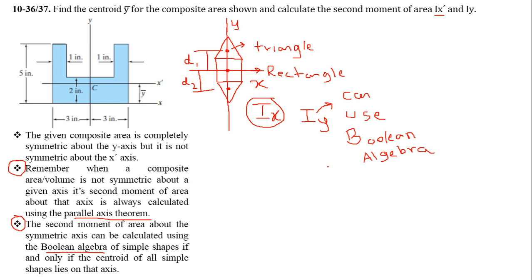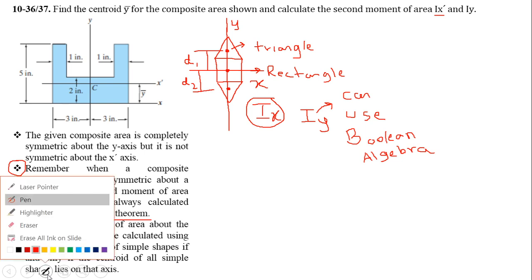Otherwise, you cannot use the Boolean algebra. And secondly, if a cross section is not symmetric about an axis, then you cannot use Boolean algebra at all. In that case, you have to use the parallel axis theorem, right? So having these points in our mind, we can proceed.